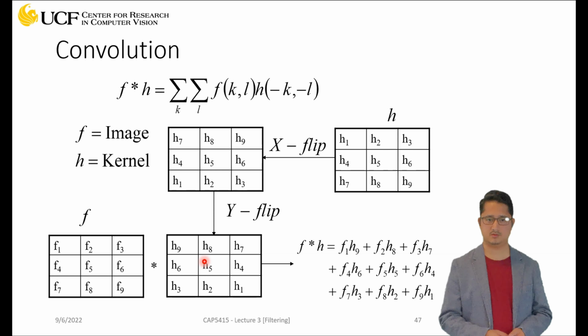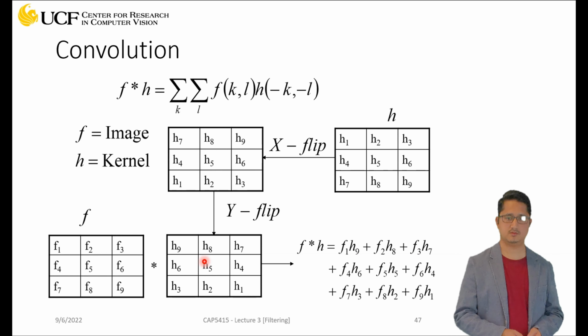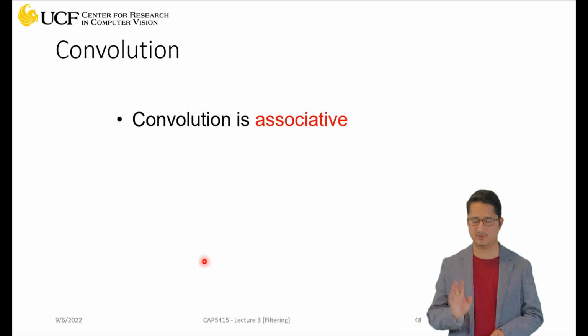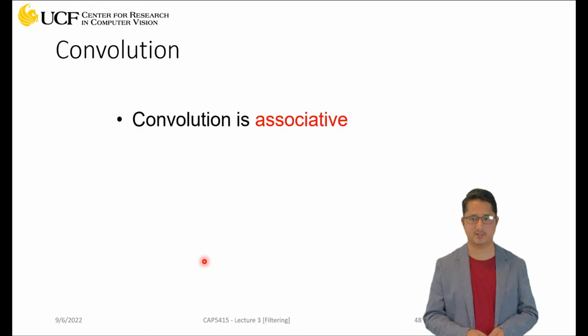How are we going to do that if we have two kernels? Do we just end up with a new FG kernel that only changes the center position, and then apply that new FG kernel to the image? That's a very good question. We'll have an example later on. We'll talk about that. Just wait.